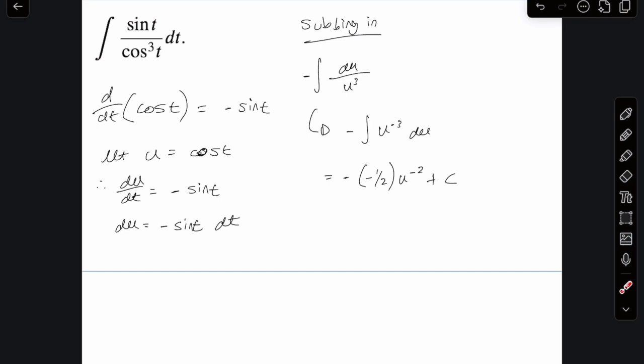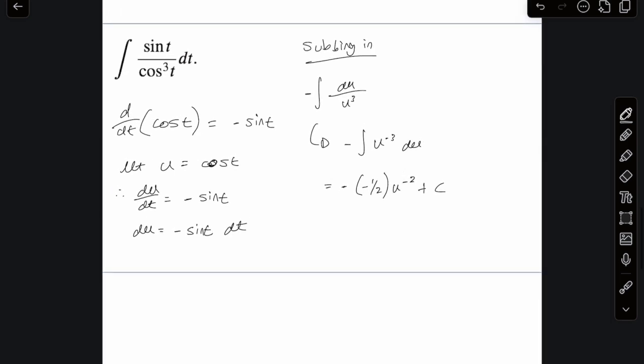And now we just need to sub the original back in.